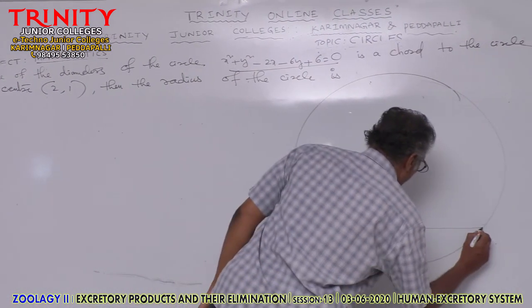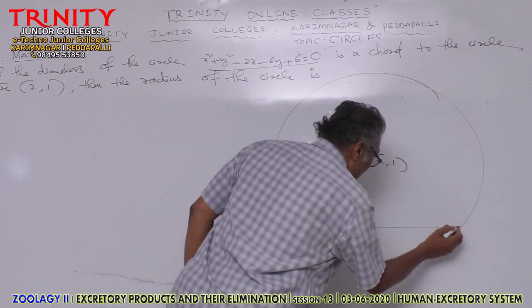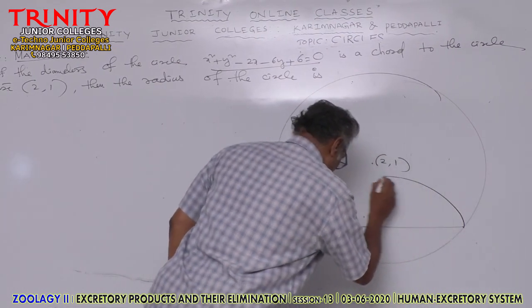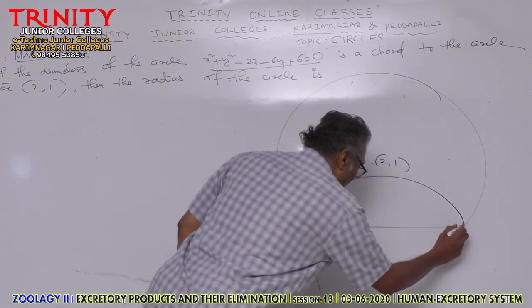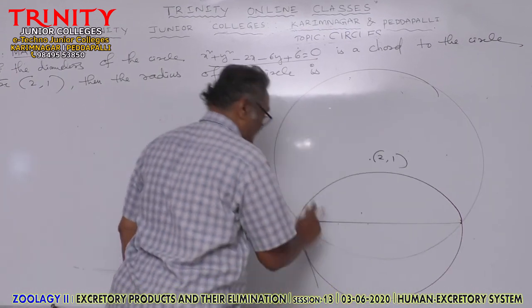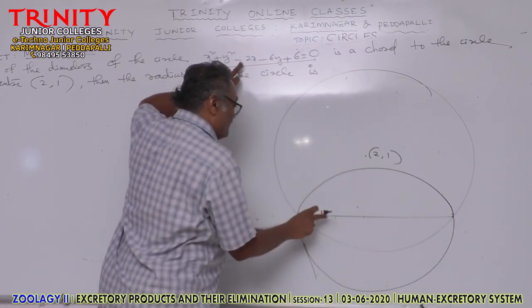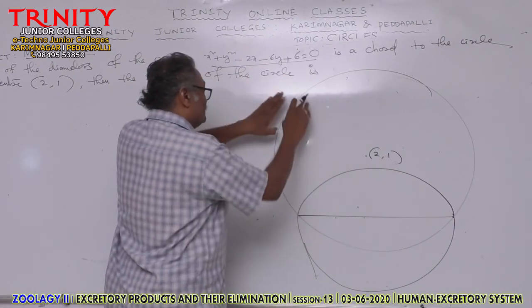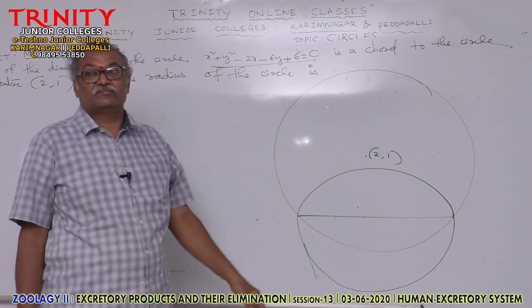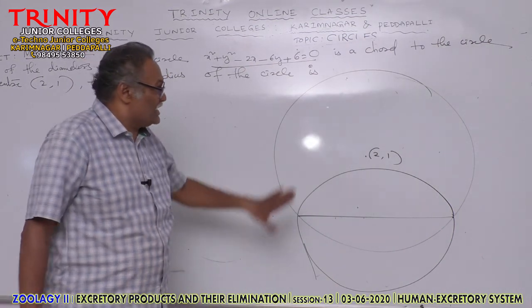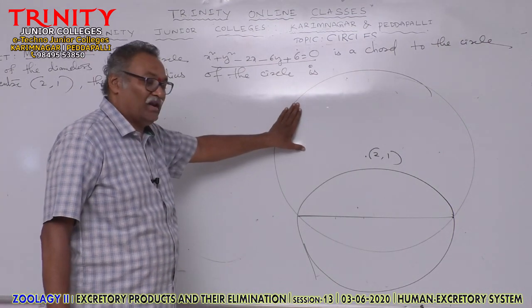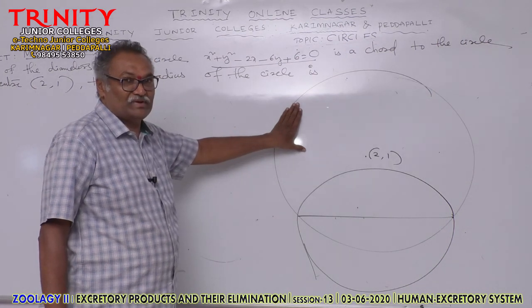It is the chord to this circle and it is the diameter to this circle. Then finding the radius of this circle, that is the question.